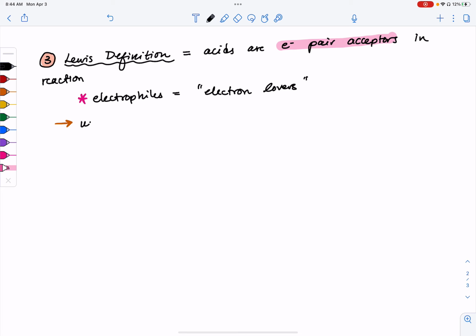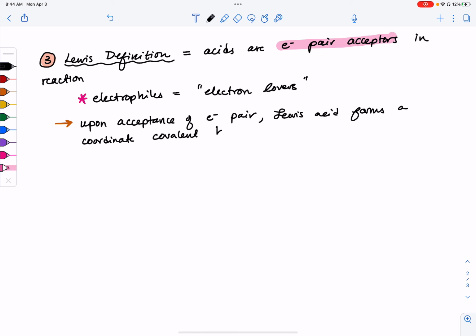Rather, once those acids have accepted those electron pairs, our Lewis acid forms a coordinate covalent bond with the substance that is the one that's donating that electron pair in the first place.